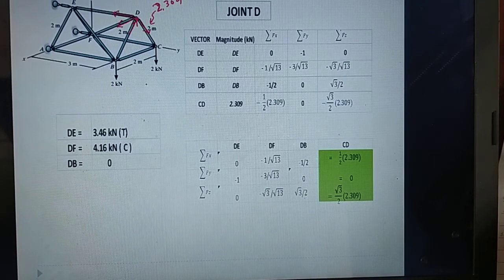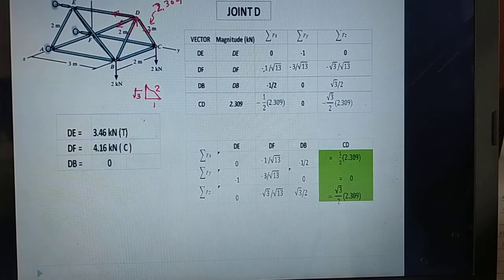Okay, this is 1, this is square root of 3, this is 2. So negative 1 because it's going away from me.